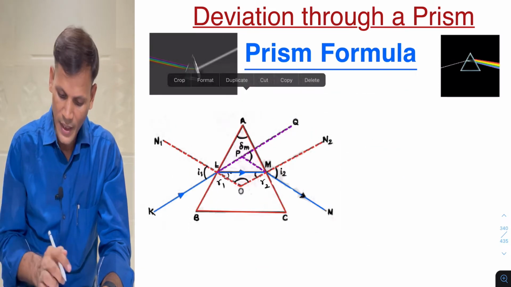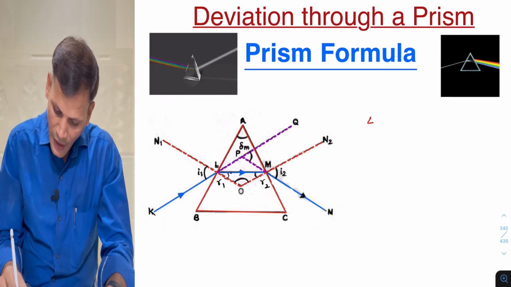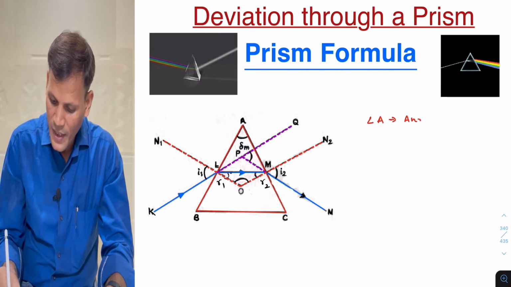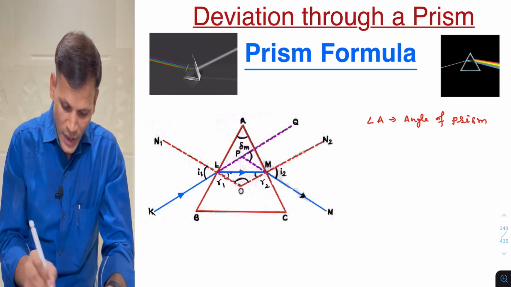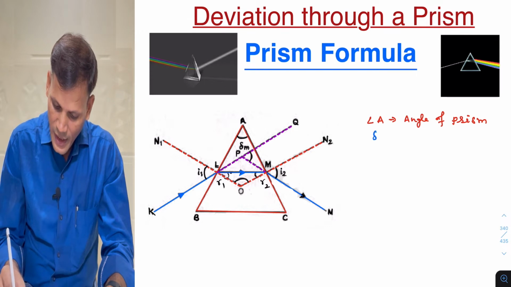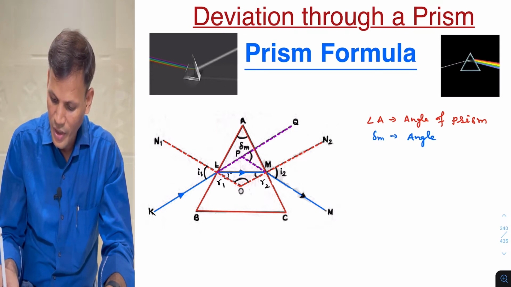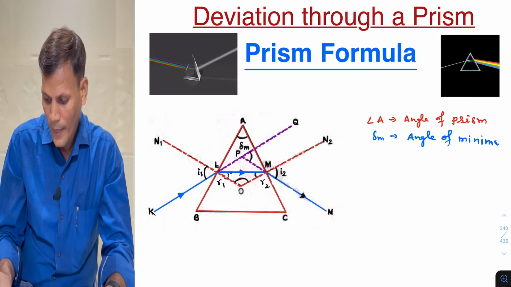What are the terms here? We can write angle A is the refracting angle of prism, or simply the angle of prism. What is delta? Delta M is the angle of minimum deviation.